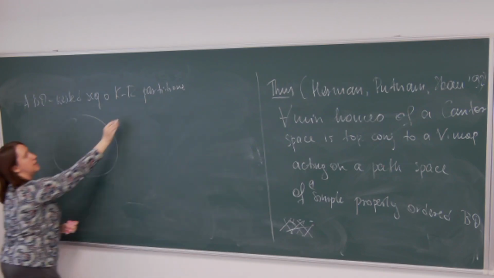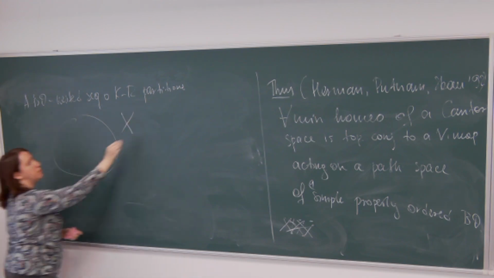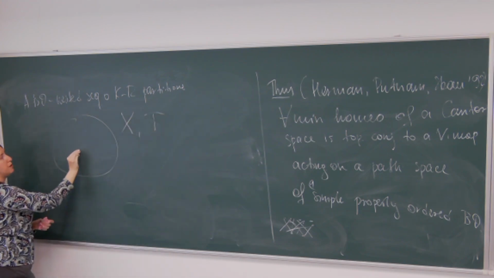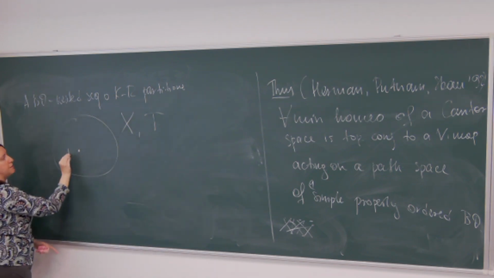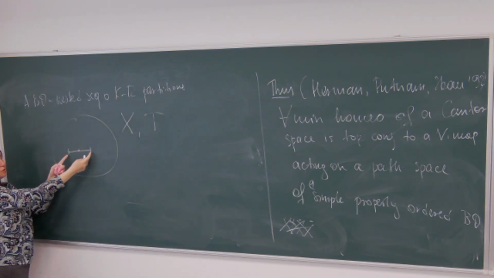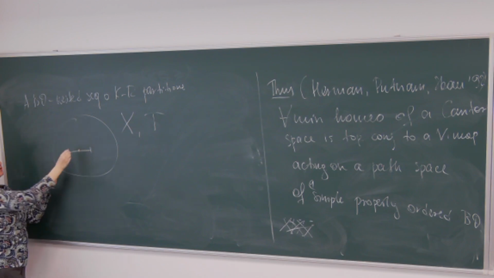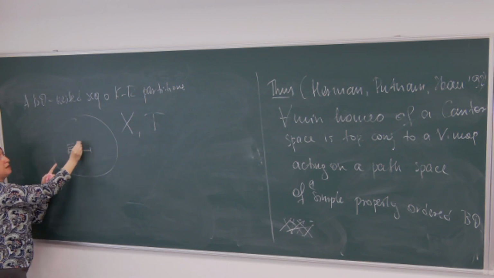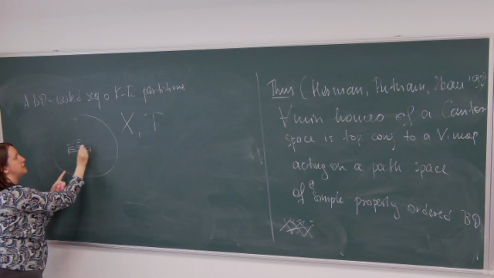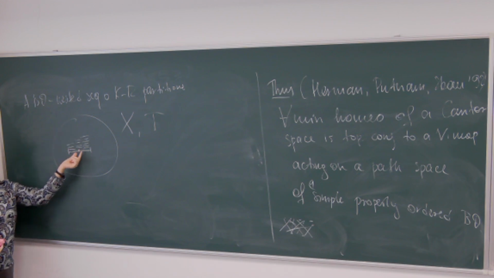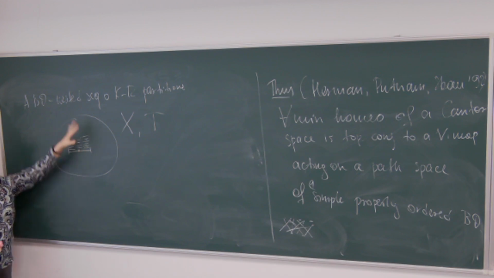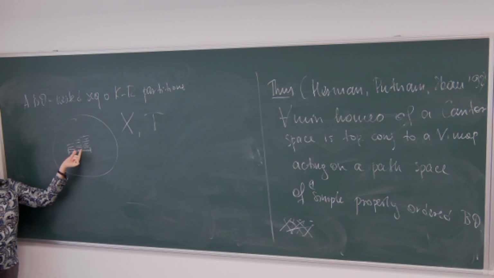Once we have a Cantor space and a minimal homeomorphism, we can pick any point which will later become our unique minimal path. If we take any open neighborhood of this point, we can consider the return times of the point from this neighborhood to itself. Since we have a minimal homeomorphism, this first return time is well defined and it is a continuous function. So the whole space will be partitioned into finitely many towers.